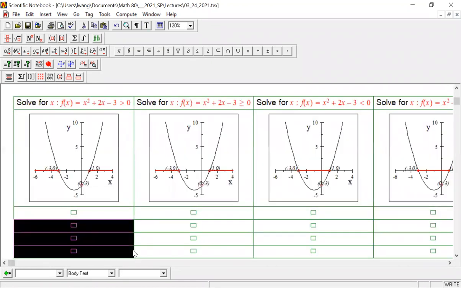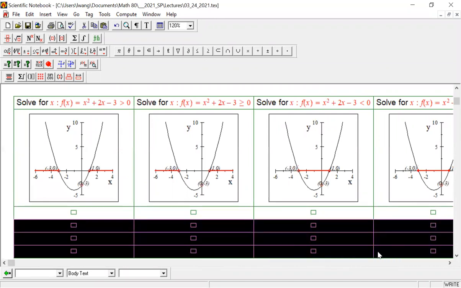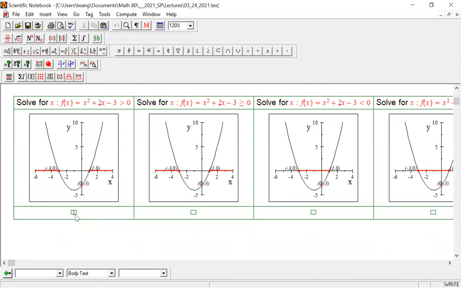In this case, the solution is x less than -3 or x larger than 1. And for positive or 0 output, this is going to be less than or equal to, and this is greater than or equal to. And this case is -3 less than x less than 1.